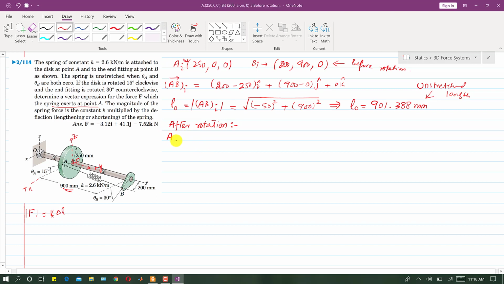So these are A I, and these are simple A. What will be the coordinates of A after rotation? Now if I draw two lines, one line will be like this, and then another line, let me draw it.